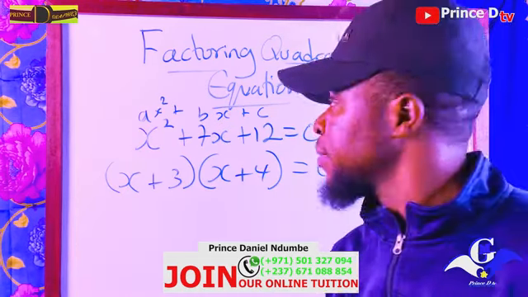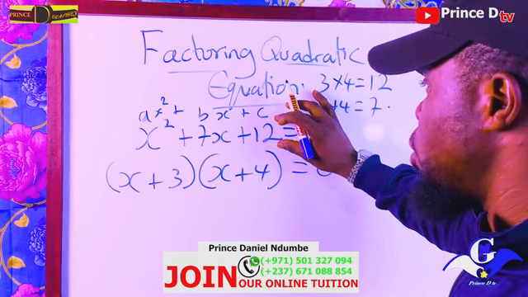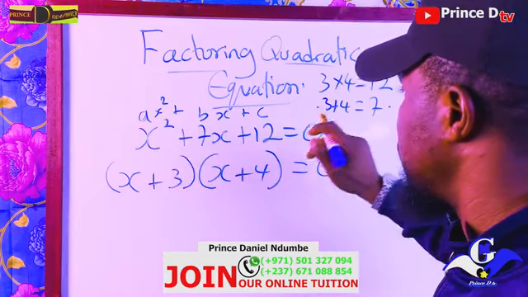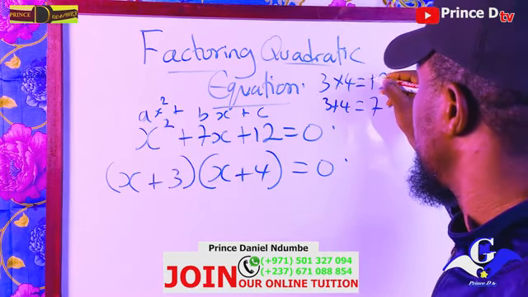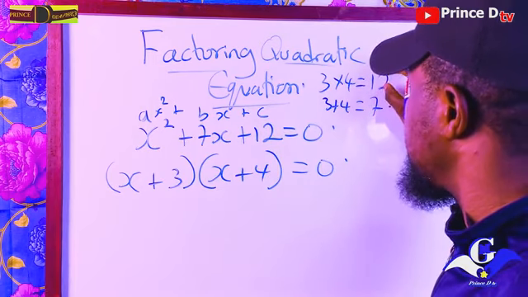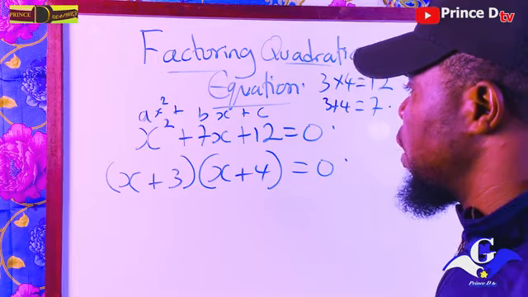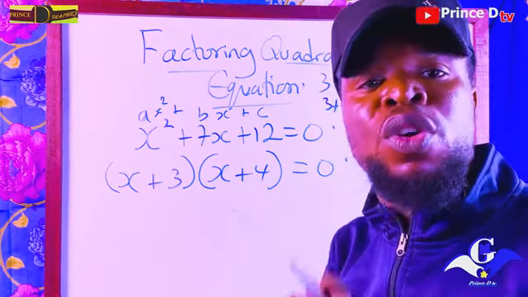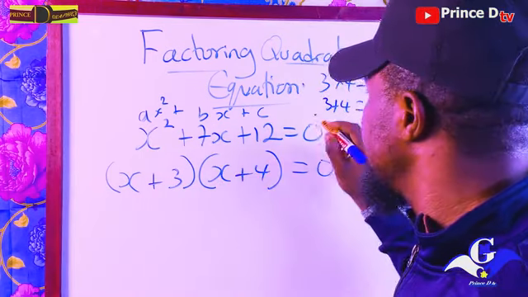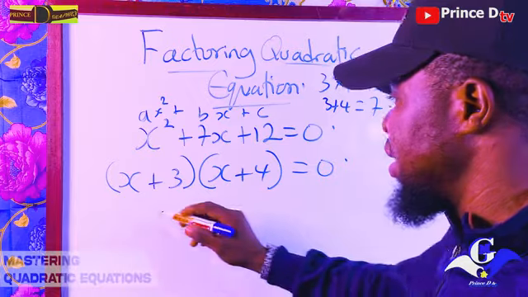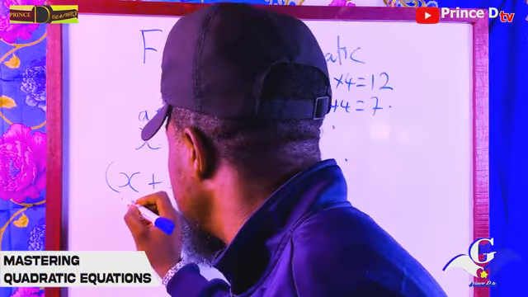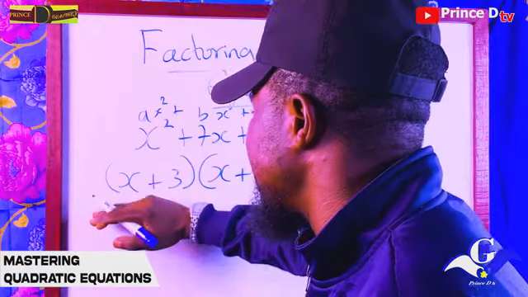I reiterate, two numbers when I multiply will give me this constant c. In this example, if I take positive 3 and positive 4 and multiply, I have 12. Now, if I take those same numbers, not other numbers, if I add, will it give me this constant b? 3 plus 4 is 7. Yes. So now these are my roots. So I take the first binomial. Remember, it has two terms.